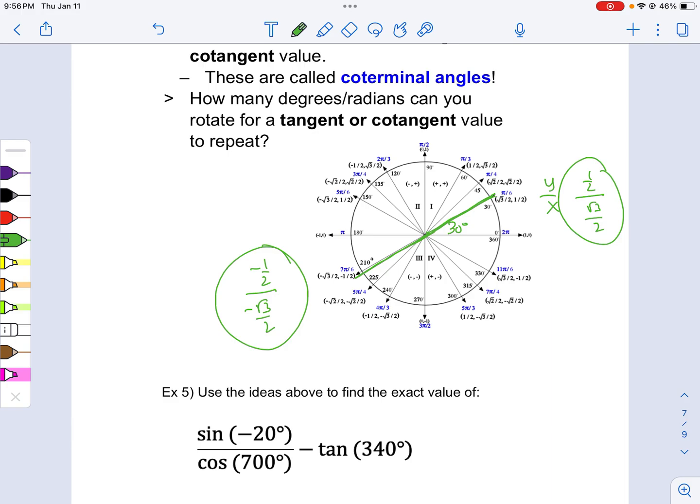I could divide it out if I want, but in this case, I just want to show we're going to get the same fraction because a negative divided by a negative is a positive. This would also work for cotangent. So cotangent and tangent repeat every half circle. So they actually repeat every 180 degrees, or not 2 pi this time. 180 degrees is the same as pi, so that's half a circle.